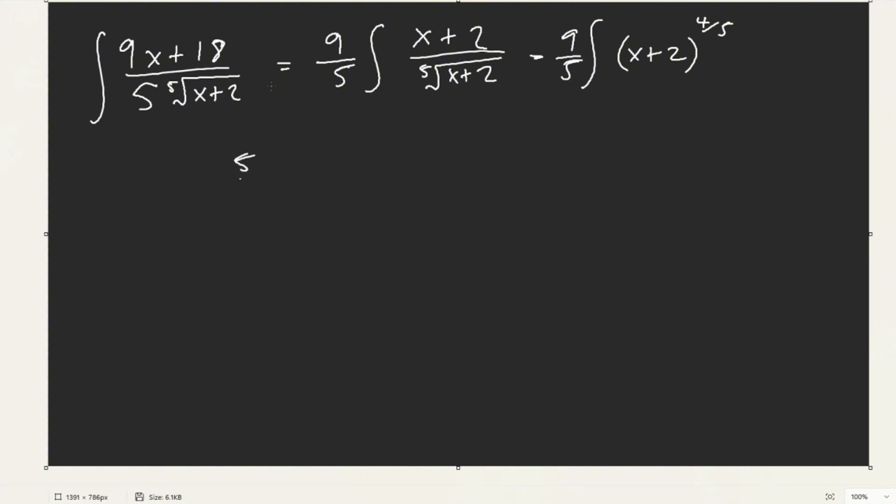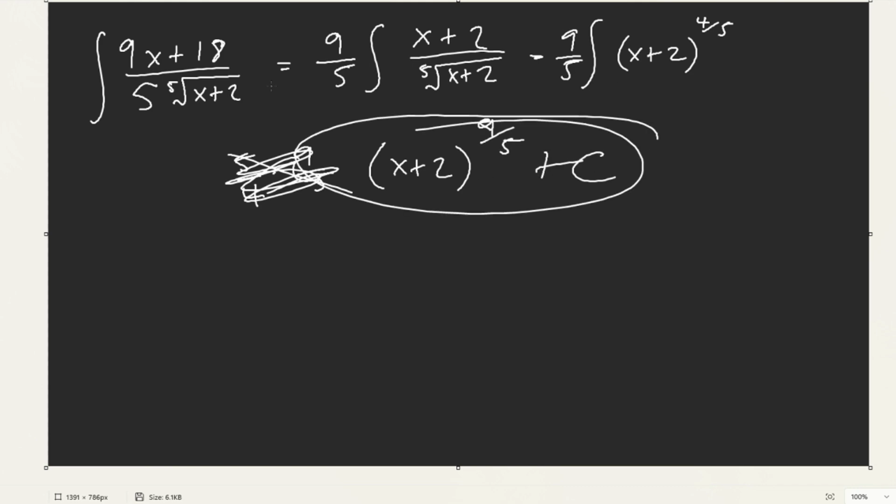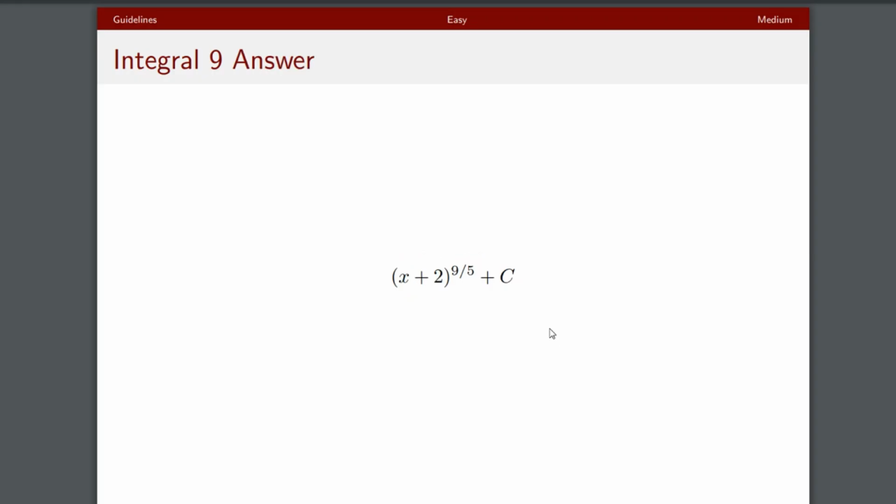So we get 5/4 times 9 over 5 of x plus 2 of, wait, what am I doing? No, 9/5, then the other, yeah, okay. So your answer should be this. X plus 2 to the power of 9/5. Is that what that is? Yes, it is. Okay. I almost messed up there.